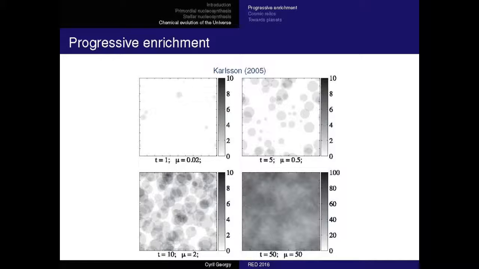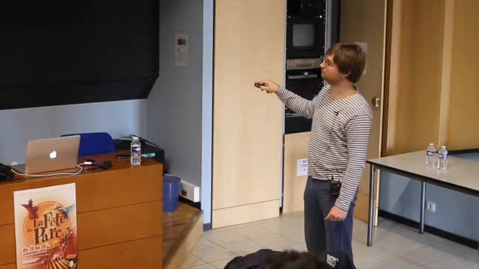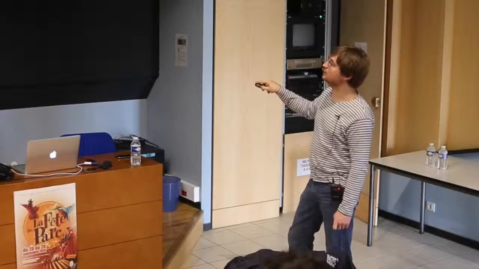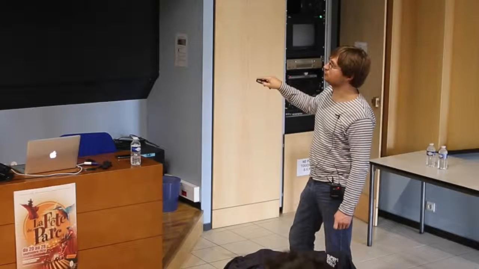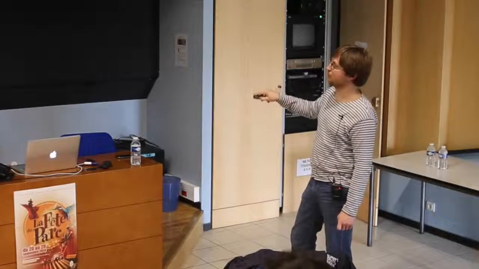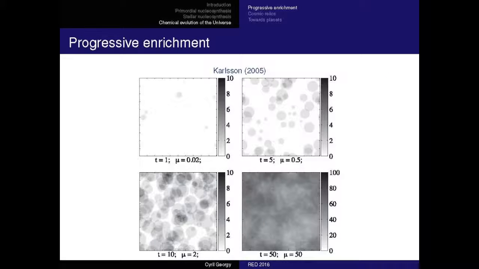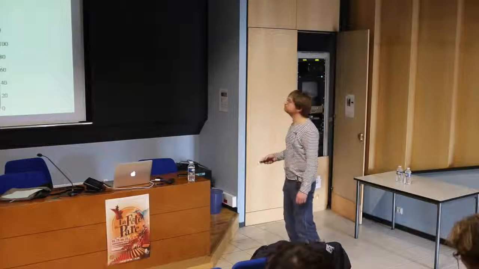As time proceeds, you have more and more supernova explosions that progressively fill your space, with some places where you have the effects of several supernovae, and so on. So progressively you enrich the universe by exploding supernovae that enrich the medium around them, and at some point you finish with a universe that is quite enriched everywhere.